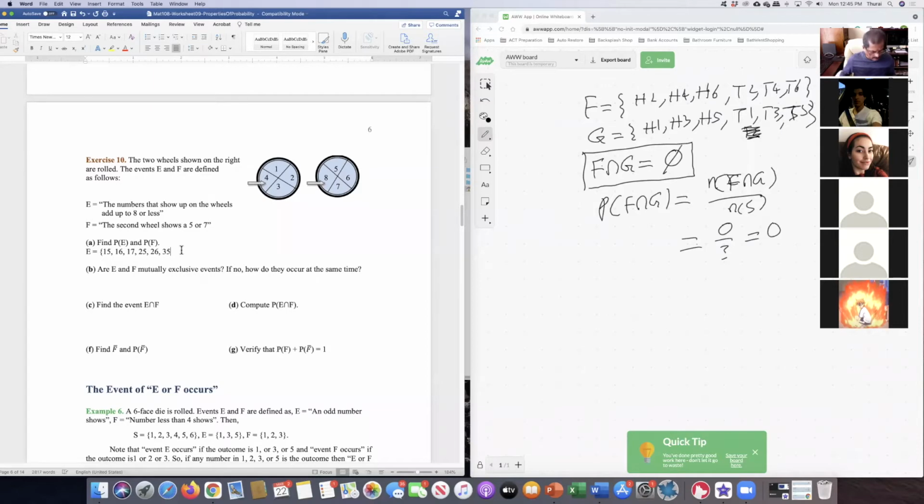So let's close that and let's write down the F. F says we should have the second wheel showing 5 or 7. That means the first wheel can be anything. So therefore, 1, 5, 2, 5, 3, 5, 4, 5.